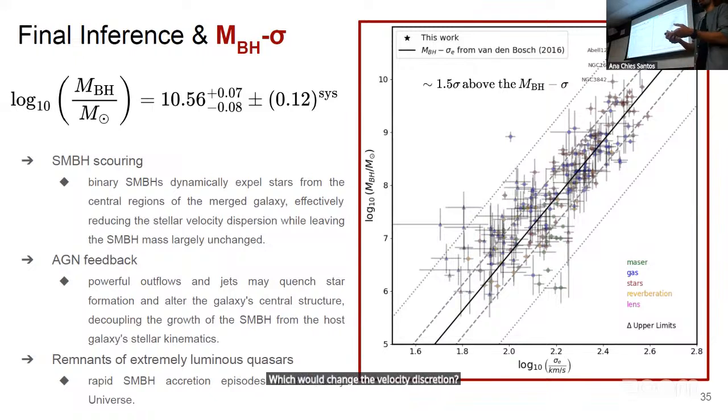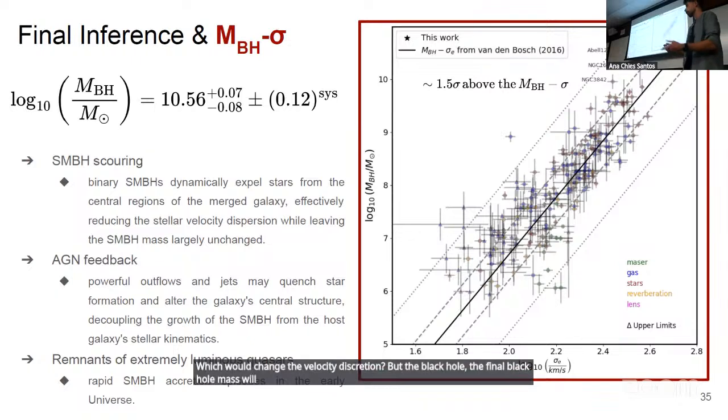But the final black hole mass will remain largely unchanged, which means that we'll be observing very massive black holes, but with a lower velocity dispersion than we expect from the normal relation right here.